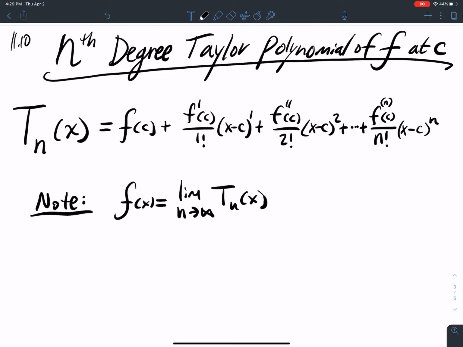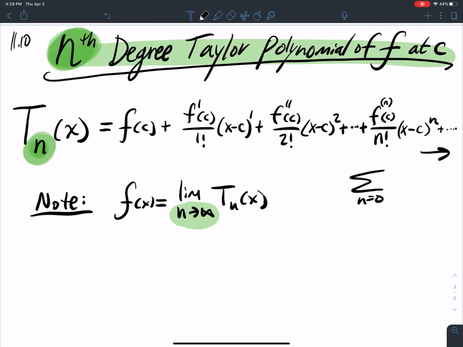If I take an nth degree polynomial and push that n out to infinity, then it goes out further and further, forever and ever, and I actually get the series, n equals 0 to infinity, of f to the n of c over n factorial times x minus c to the n. This is my definition of the Taylor series, right?